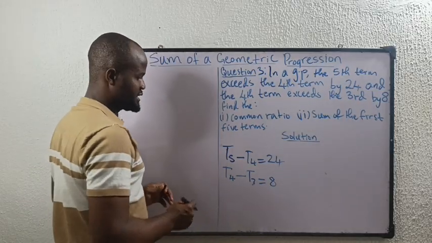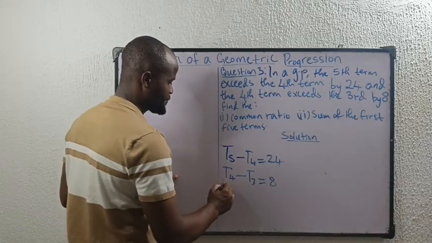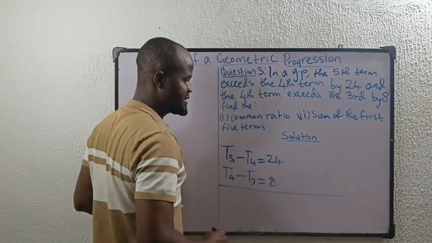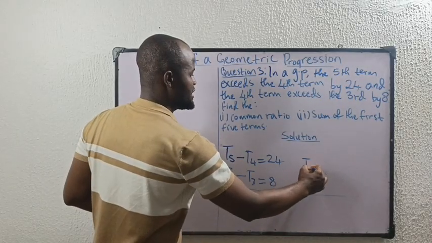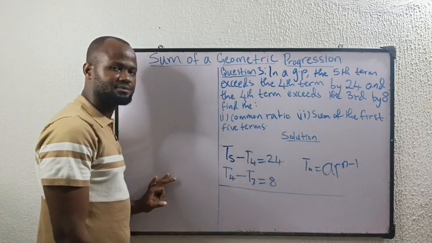So now let's go ahead and bring out the expression so that we can find the common ratio and the first term. So what is T5? Remember that the nth term of a GP is given as Tn equals AR raised to the power of n minus 1.